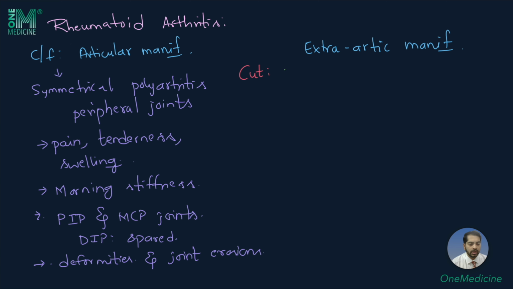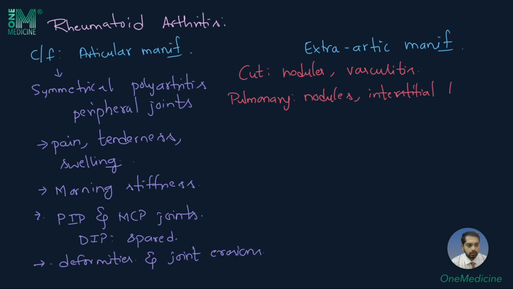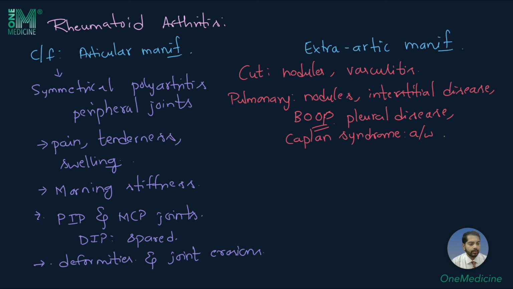Extra-articular manifestations can be cutaneous, where there can be nodules called rheumatoid nodules, or even vasculitis. It can be pulmonary with pulmonary nodules, interstitial disease, bronchiolitis obliterans organizing pneumonia, or BOOP in short, pleural disease, Kaplan syndrome, which is rheumatoid arthritis associated with pneumoconiosis.